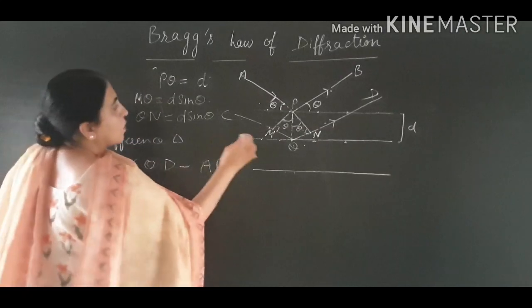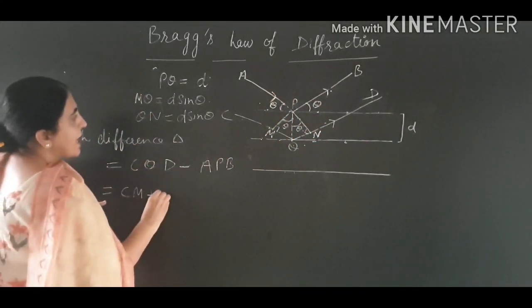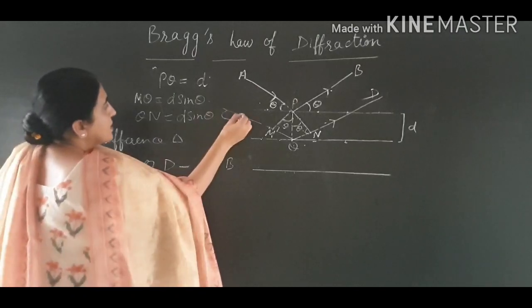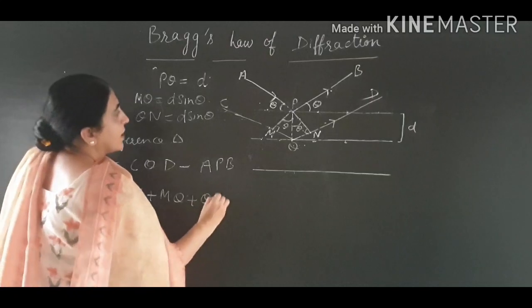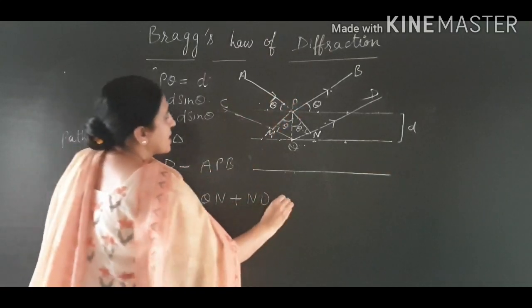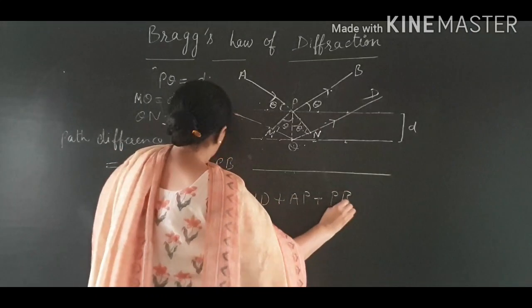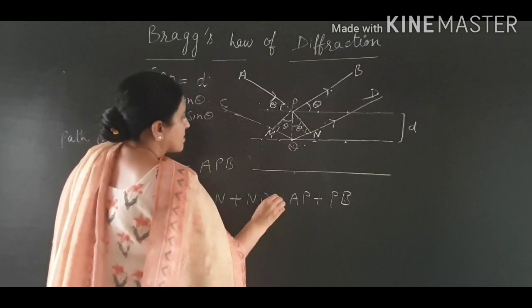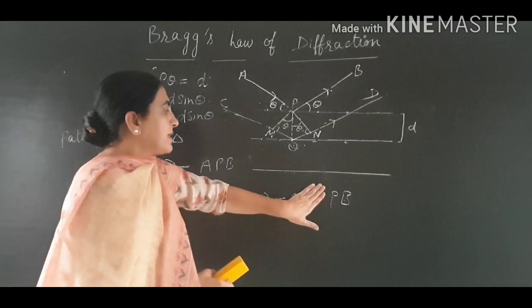CQD is equal to CM plus MQ plus QN plus ND. And APB is AP plus PB, but for path difference we take the difference of the two paths.